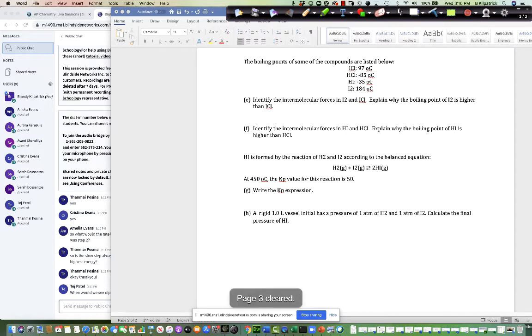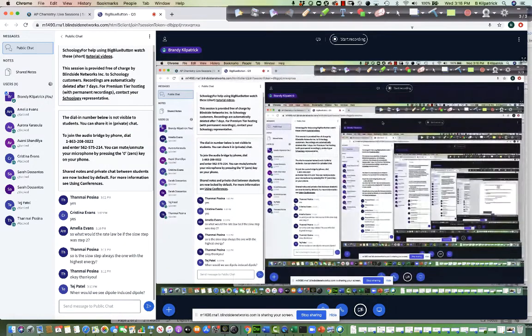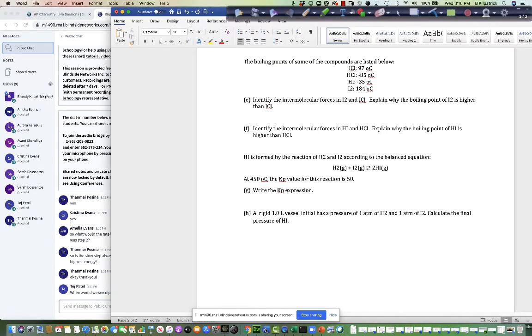Okay, so let's look at the chat. Dipole-induced dipole. In order for it to be dipole-induced dipole, that means you have to have two different items.